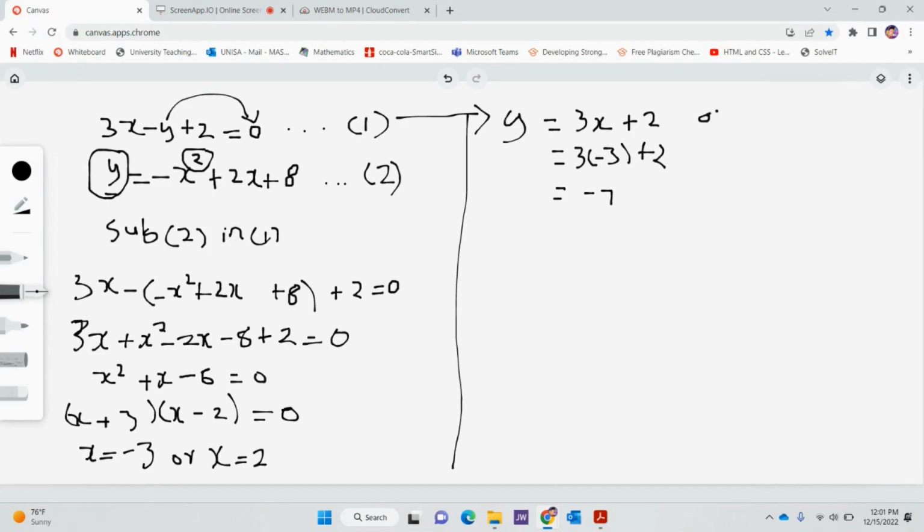Or y will be equals to 3. Our x is now 2. Then we have plus 2. 3 times 2 is 6. And 6 plus 2 is 8. So we have minus 7 and 8.